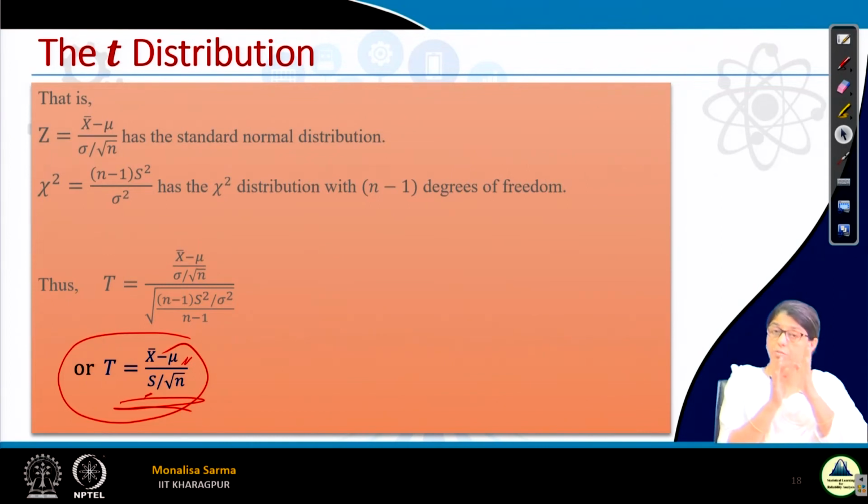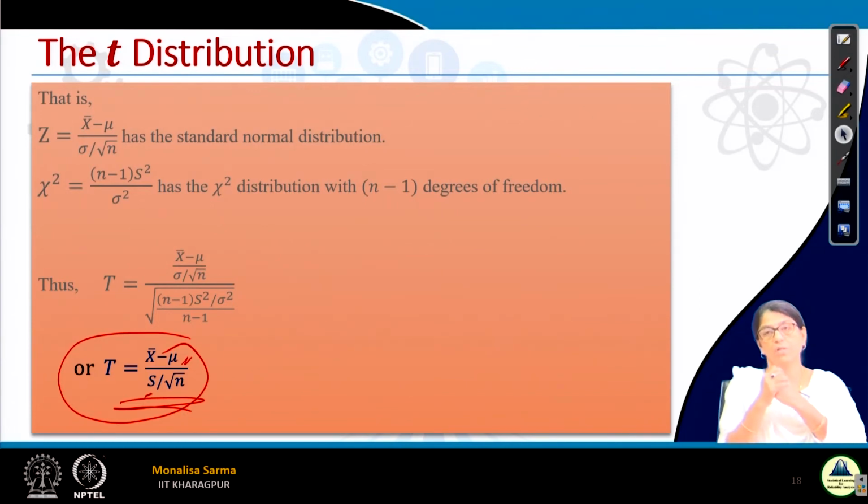But one of the characteristics of the t distribution is that this distribution is also very much symmetric, like a normal distribution. Since it is symmetric, on the table we have only the values for the upper tail, the right tail. The lower tail values are not given, because if we know the right tail values, we can get the values for the left tail as well, because this is symmetric, isn't it?